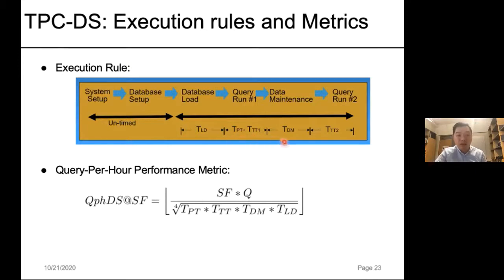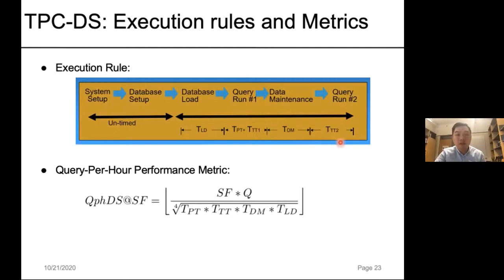And the third phase will be the performance of the data maintenance. So TPC-DS models the data maintenance process as an integral part of the whole process, and this process is modeled as the ETL process for data extraction, data transformation, and data loading.